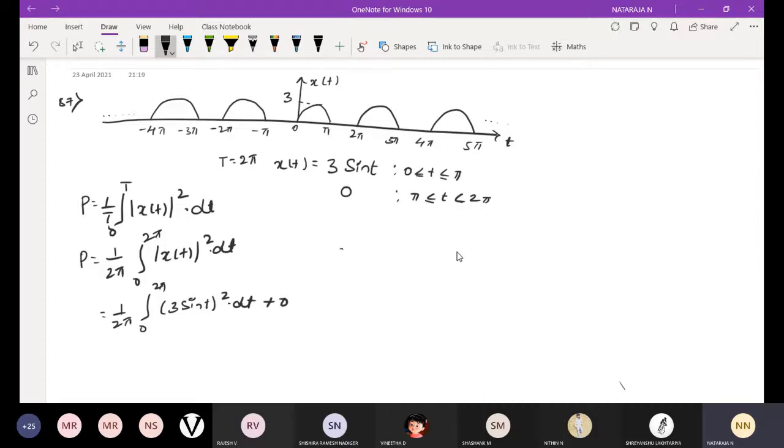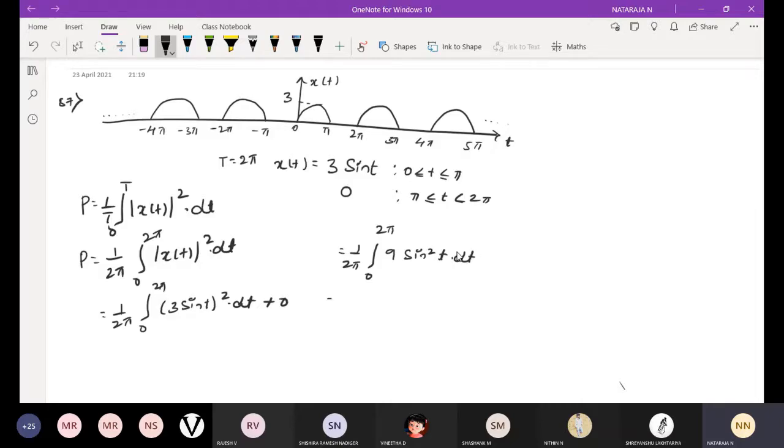Then that is equal to 1 over 2 pi integral from 0 to 2 pi. Here we have 3 sin t, which we can write as 3 square sin square t. 3 square means 9 sin square t into dt.